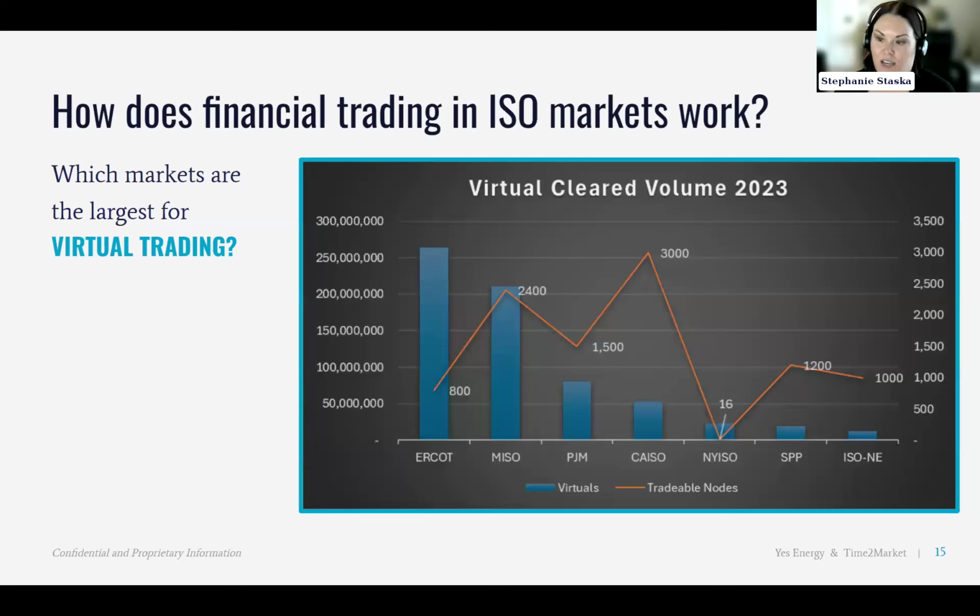The first is that in ERCOT, the uplift fees are much lower than in most of the other markets. And if you are asking yourself, what is an uplift fee? An uplift fee is the make-whole payment offered to a generator.